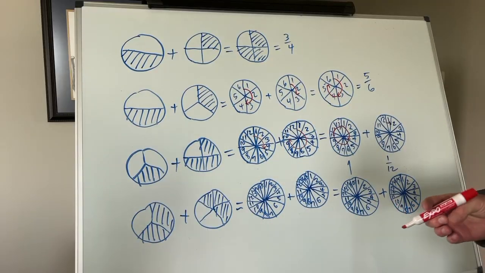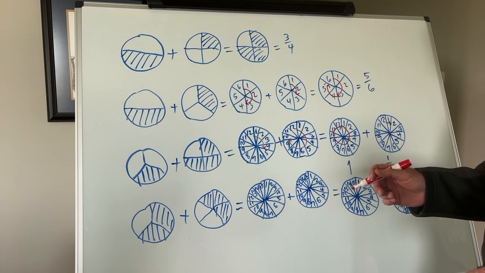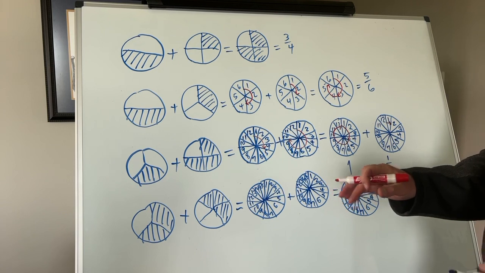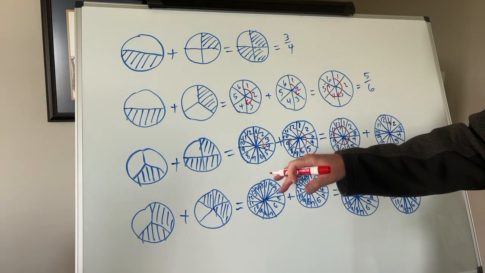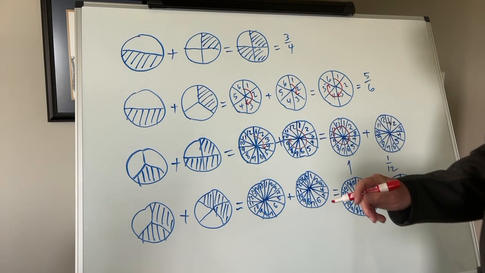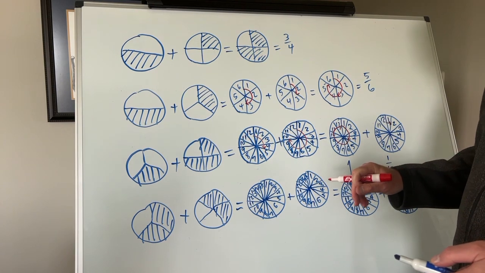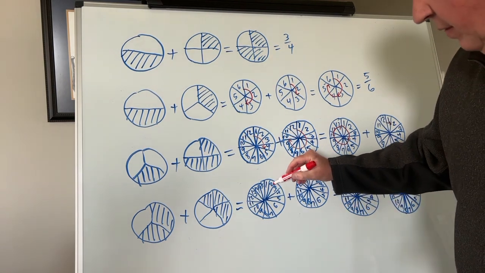Okay, now that we've got the circle divided into 15, which will accommodate the third and the fifth of the other two circles, we can take 2/3, which will be 10 of the 15 here.